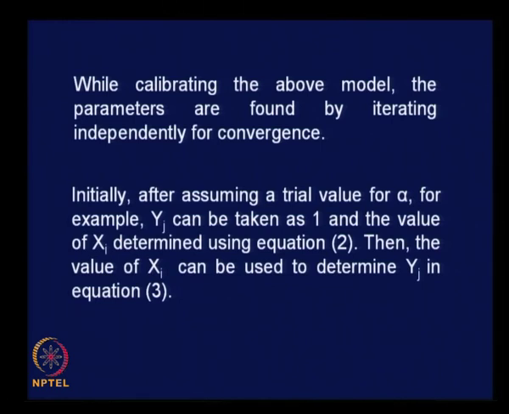Then assume initially, for convenience, Yj to be just unity, and the value of Xi is determined using the earlier equation, equation 2. Then the value of Xi can be substituted to get the value of Yj using equation 3. Clear?